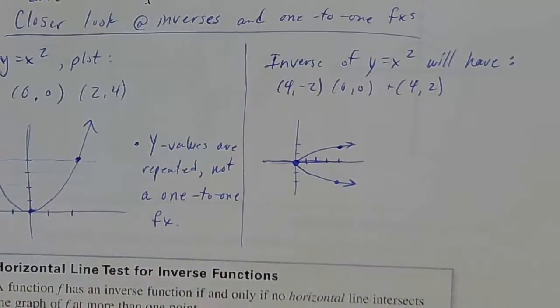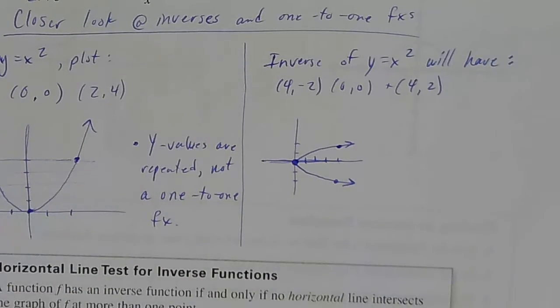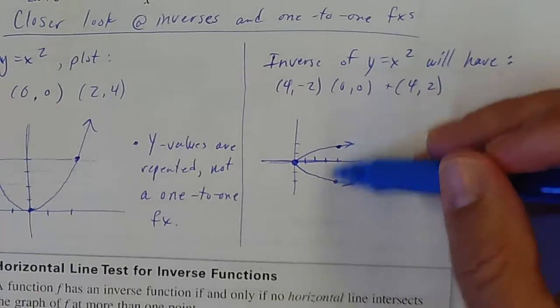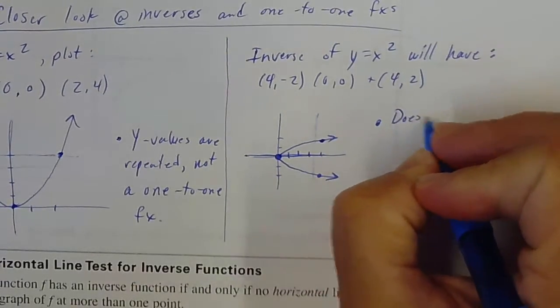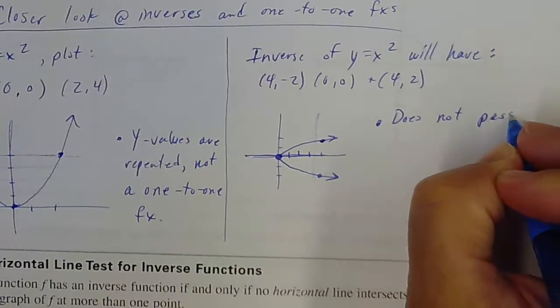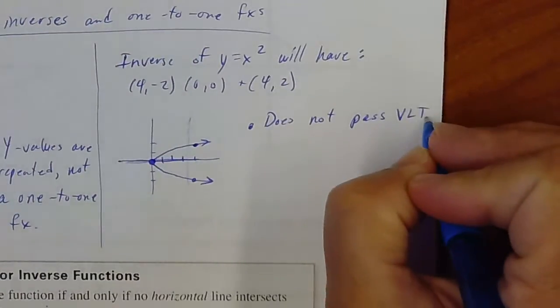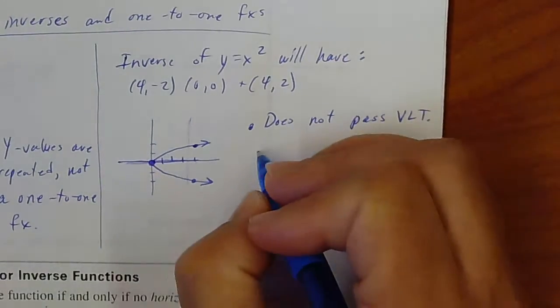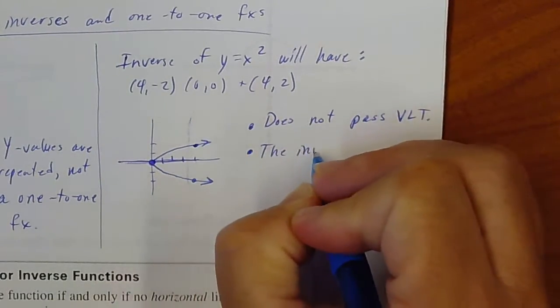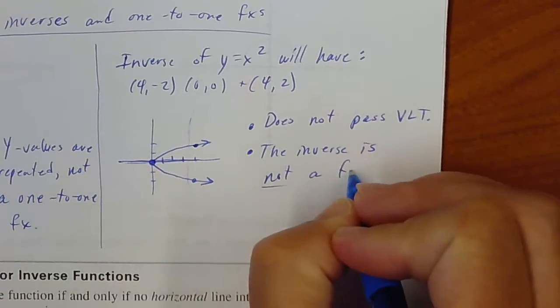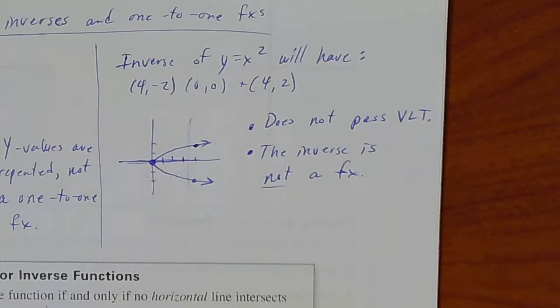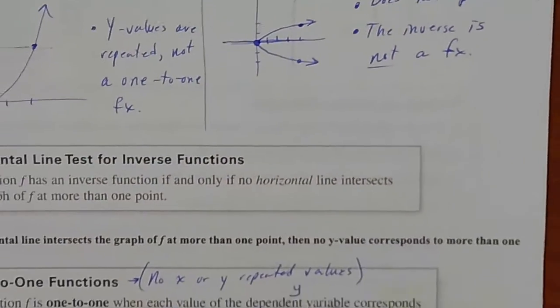Pause for a moment to give you a chance to write that down. Okay, so this graph does not pass the vertical line test. So this does not pass VLT. Meaning what? The inverse is not a function. Okay, so I'm doing this just to give you a visual aid and emphasize this sentence.